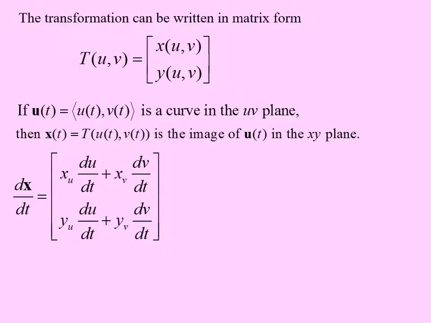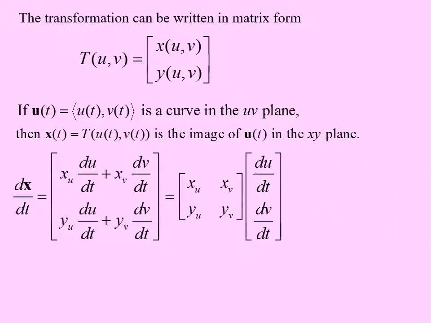That can be rewritten as the matrix containing the partial derivatives and the matrix containing the derivative of u with respect to t and derivative of v with respect to t, which we can write compactly as the Jacobian times the derivative of u.